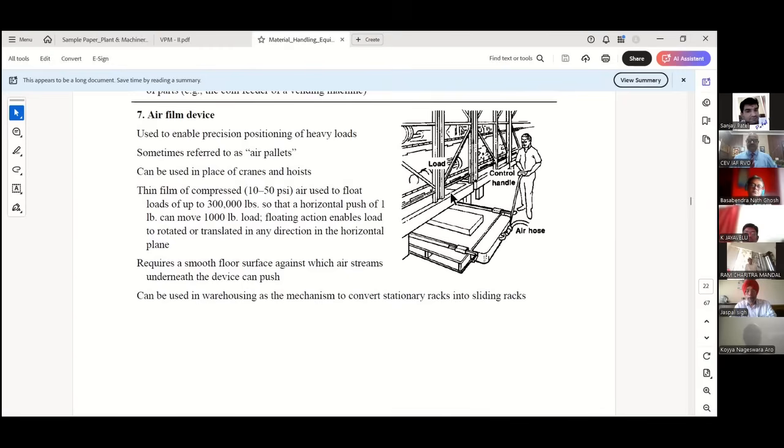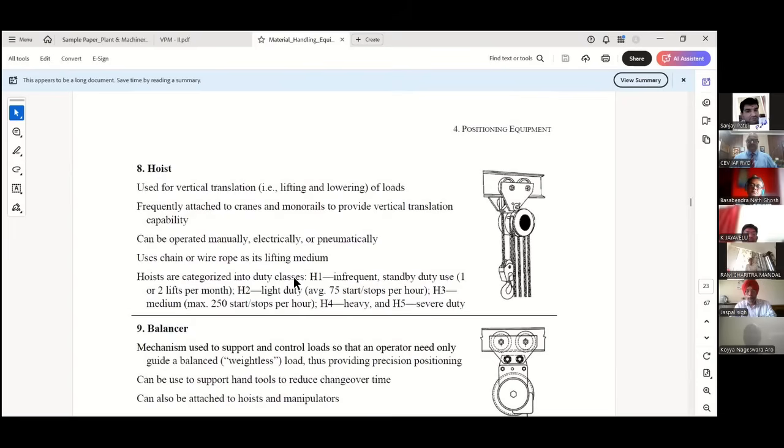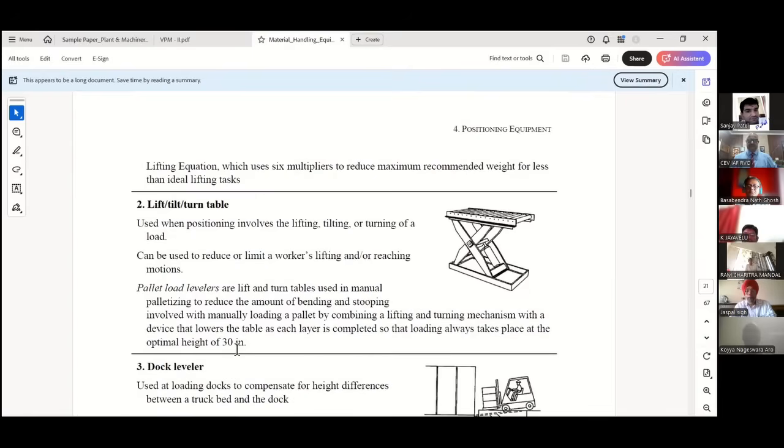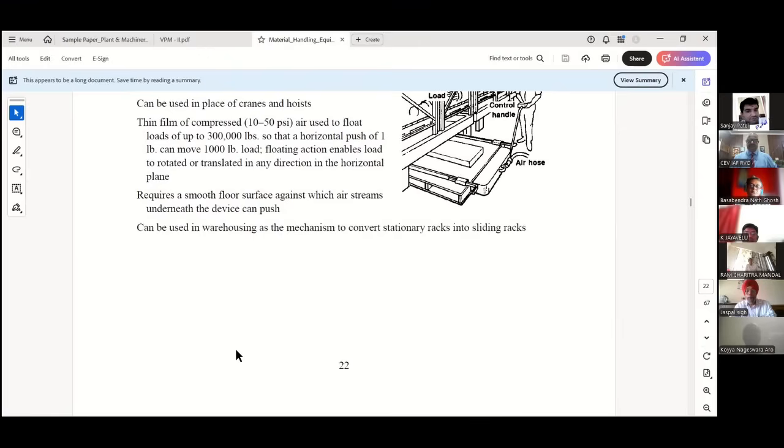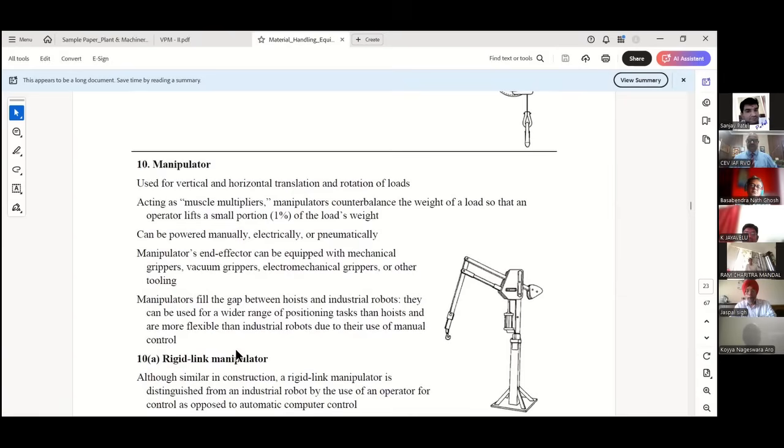Air frame devices, hoist, simple, for the movement up and down. Balancer, for making your load into uniform positions, untilted positions.